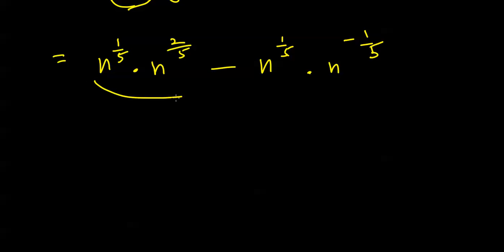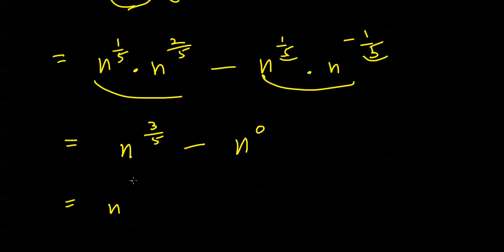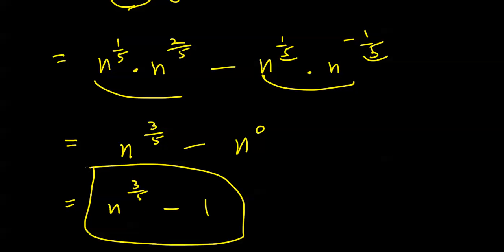Alright, multiplying these two same base expressions, again I keep the same base and add the exponents, so I'll have n to the 3/5 minus, well, if I multiply this expression, I notice the exponents are fractional and opposites. It really turns into an n to the 0 power, so not as tough as you might think. So I reduce to n to the 3/5 power minus 1. Again, anything to the 0 power is 1.